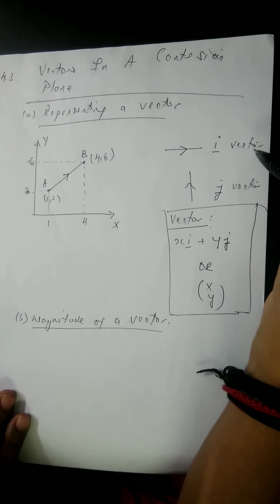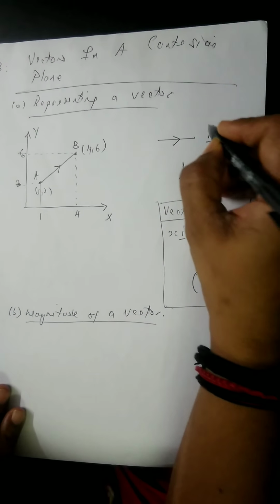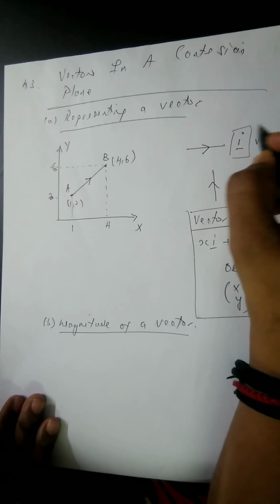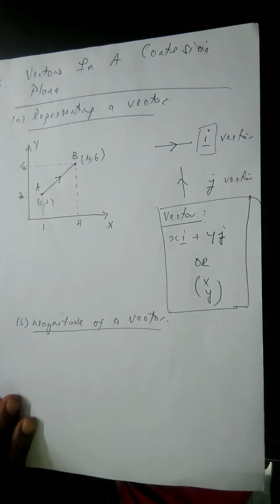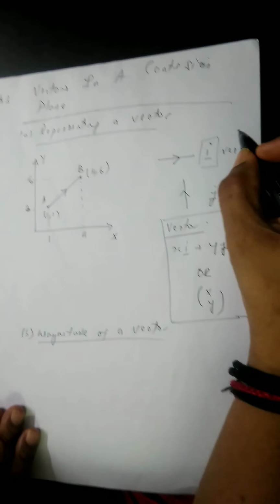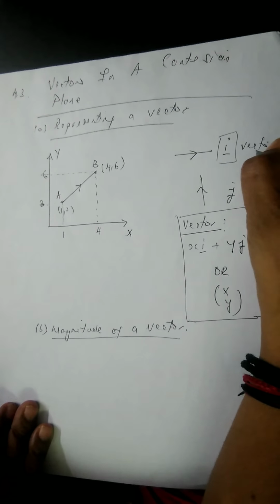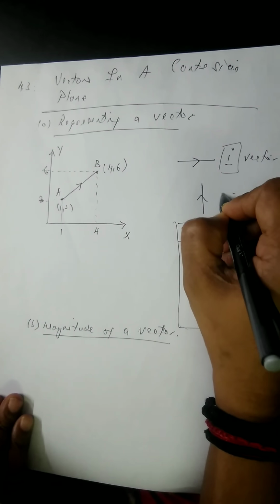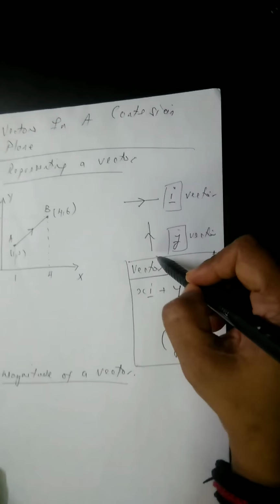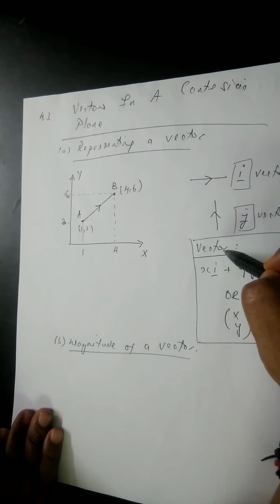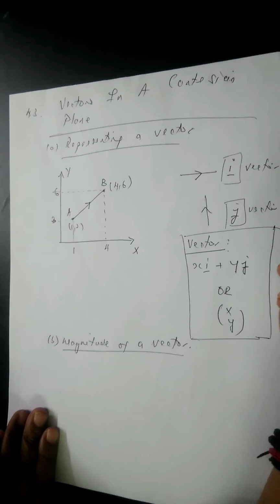One is called the horizontal vector, which is represented by vector i. So i represents a horizontal vector with magnitude one unit, and j represents a vertical vector with magnitude 1 unit.